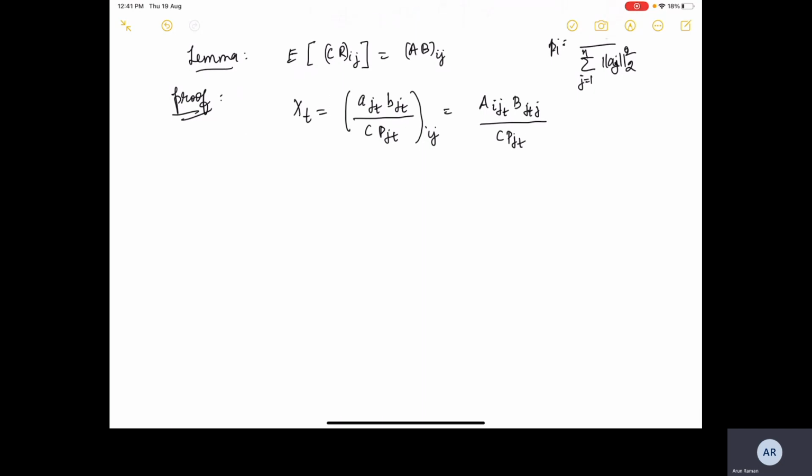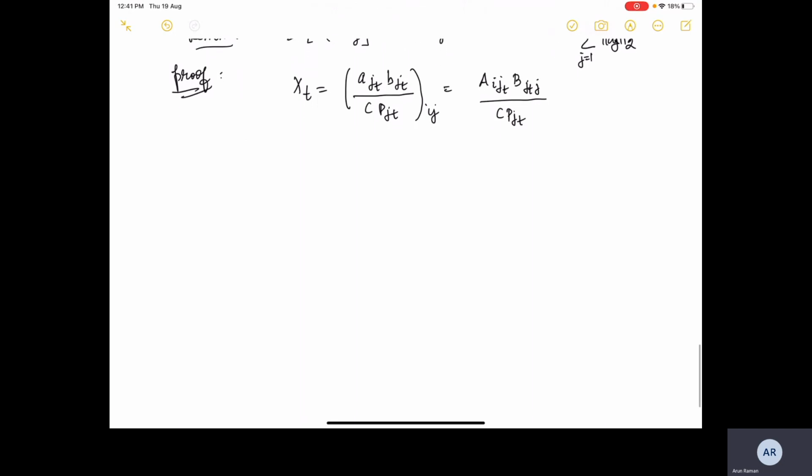All we have to do, if we want to calculate the expected value of the ijth entry, is closely related to calculating the expected value of x_t.